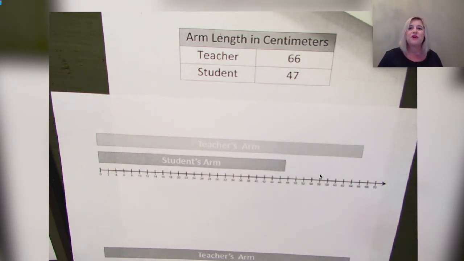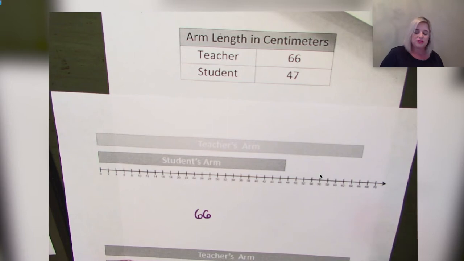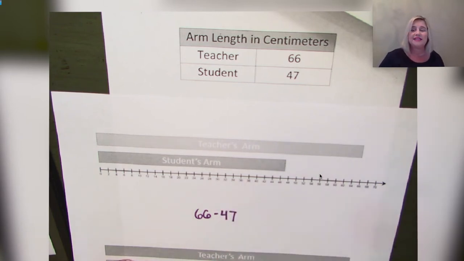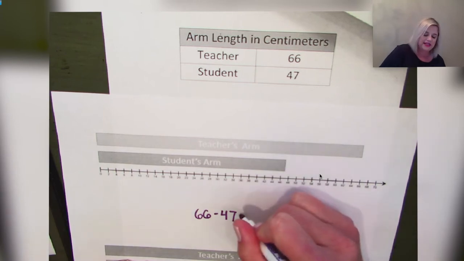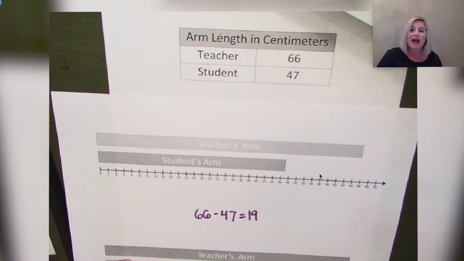The teacher's arm is 66, and the student's arm is 47. So I can say 66 minus 47 equals 19. I am going to subtract 47 from 66. And the difference is 19.